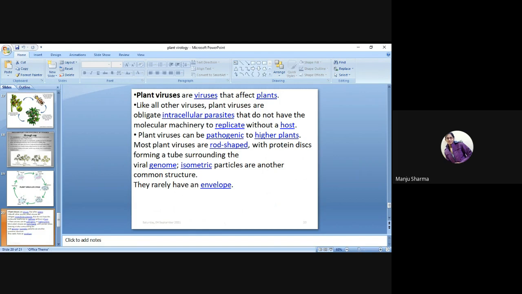Most plant viruses are rod-shaped, with protein discs forming a tube surrounding the viral genome. Isometric particles are another common structure. They rarely have an envelope.